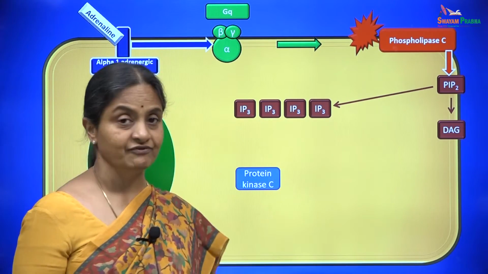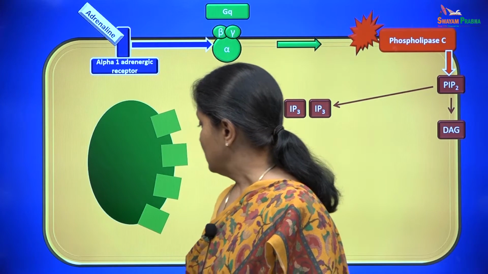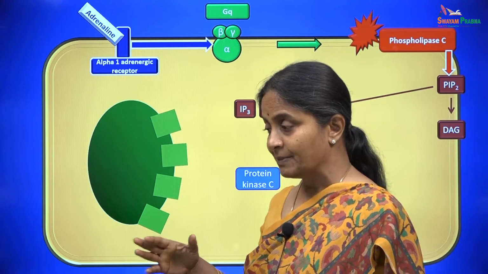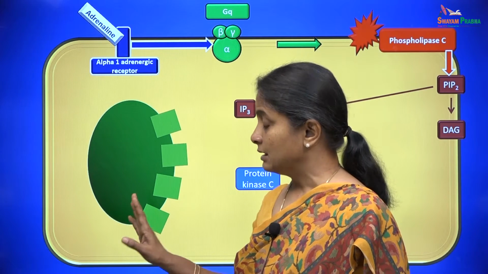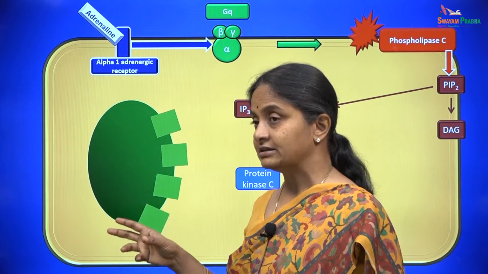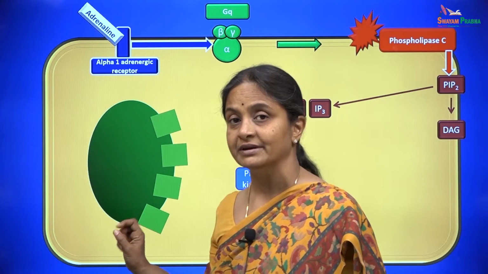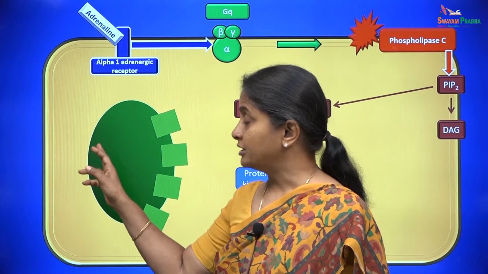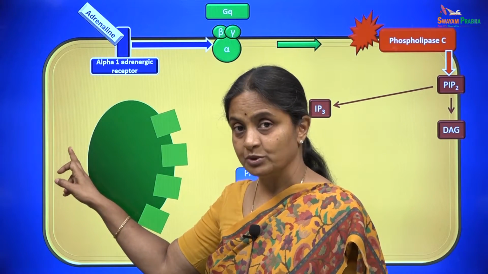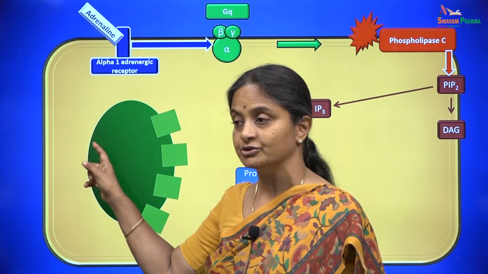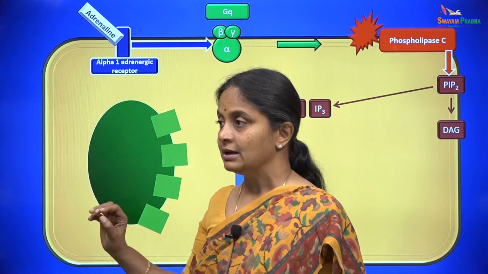What does inositol triphosphate do? In the previous pathway, we saw that there is a set of calcium channels on the sarcoplasmic reticular membrane called ryanodine receptors, which would open in response to calcium or in some cases in response to a voltage change.